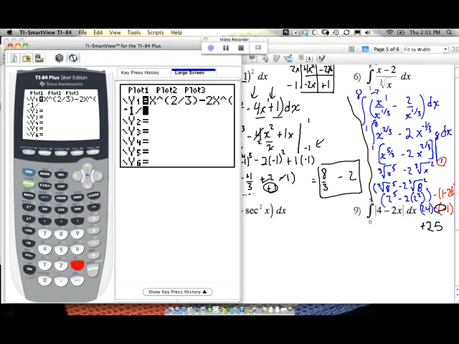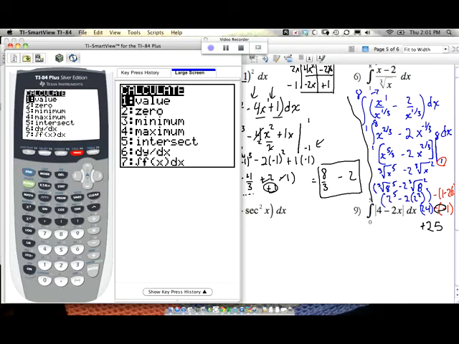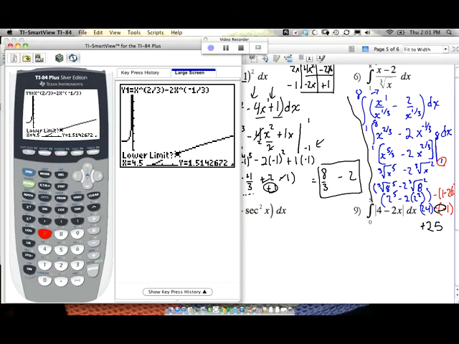Let's see if our graph looks the same. Actually, it does. It looks very much the same. So let me see if I can calculate the area of that, see if what we're missing is somewhere in there. So I'm going to do second, calculate the area is number 7. Our lower limit is 1. Our upper limit is 8.